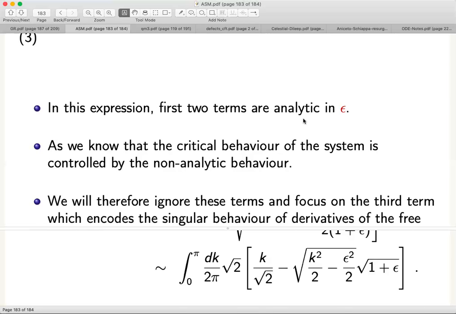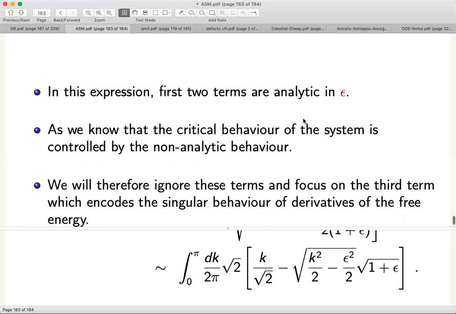Therefore, if you are trying to look for the universal characterization of certain critical phenomena, it is better to focus on the non-analytic behavior of, say, the free energy, or various other quantities like various derivatives of the free energy, than to look at the analytic terms.